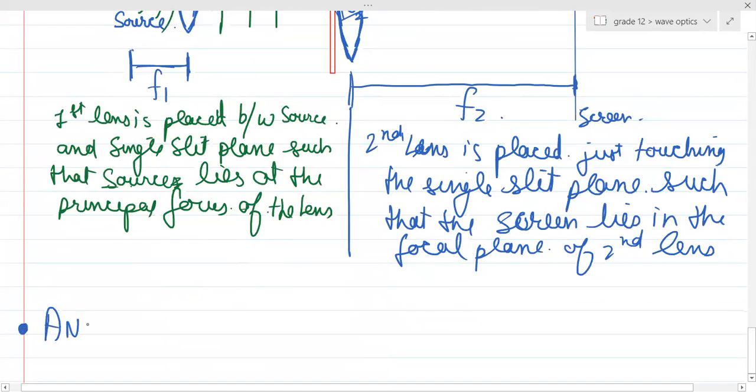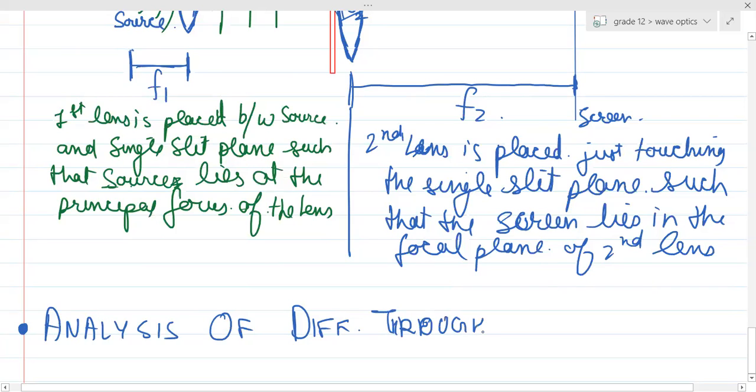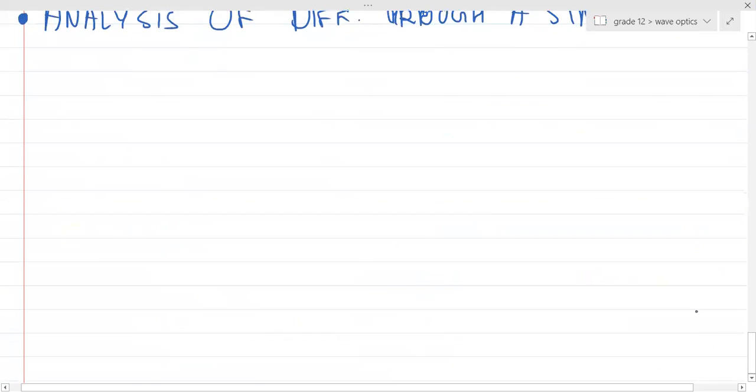So please write down the analysis of Fraunhofer's diffraction through a single slit. Now guys, suppose I have a light source, and let me assume the light rays are parallel.